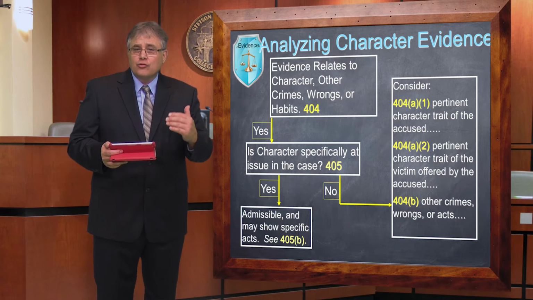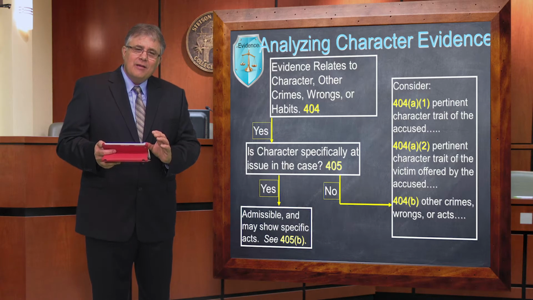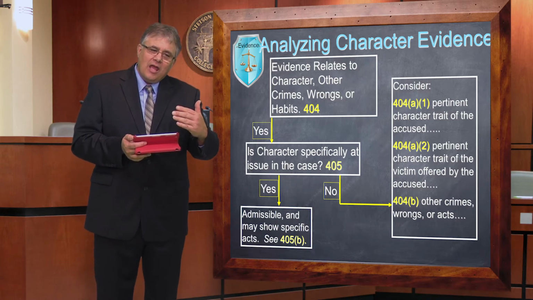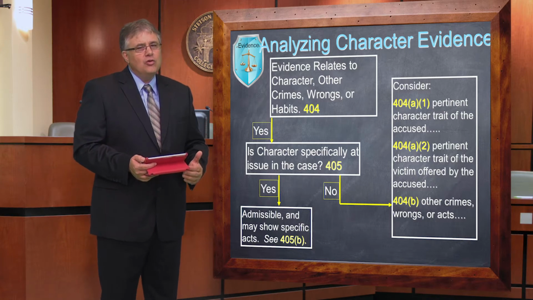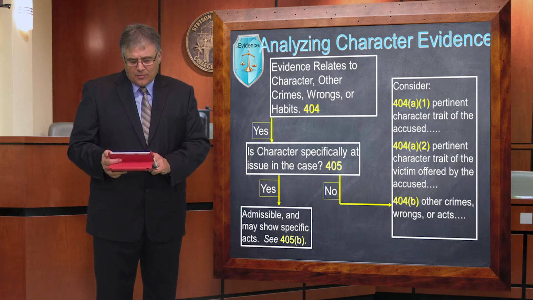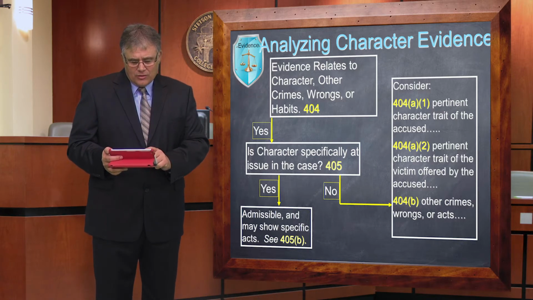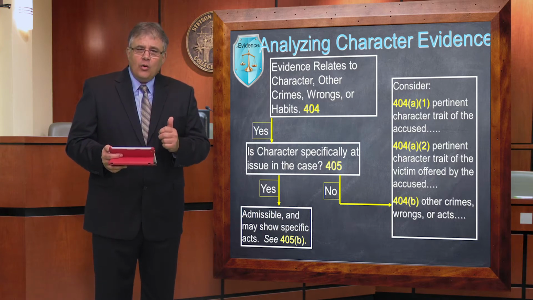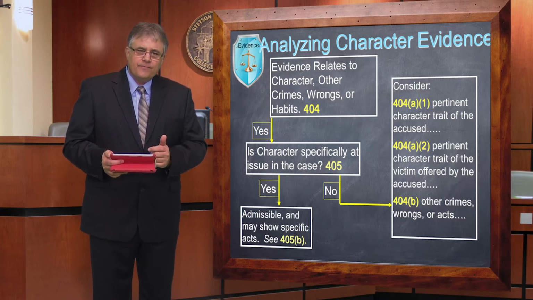Character means character trait. Other crimes, wrongs, or habits mean circumstantial evidence of character that's being used for a non-character purpose. So the first question that I ask myself is, am I trying to admit evidence of this type at trial? And if the answer is yes, I need to know if character is specifically at issue in the case.